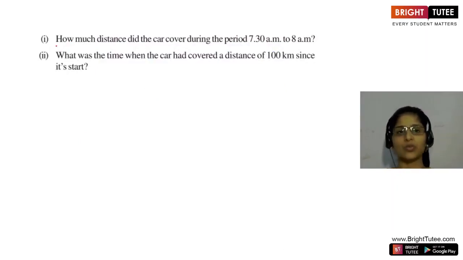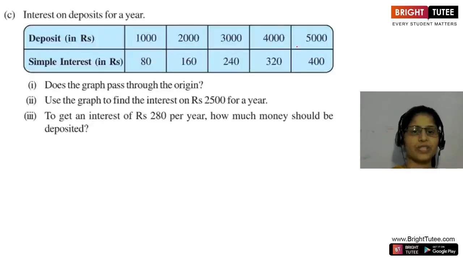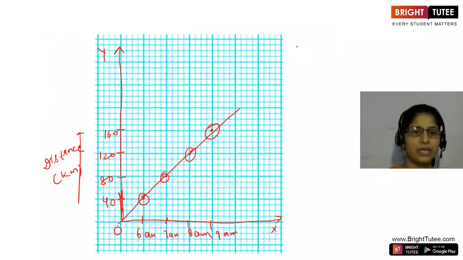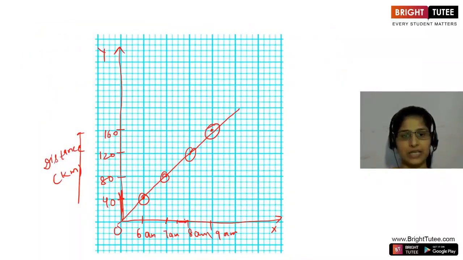Moving ahead, there is another question. Based on the previous question, they are asking how much distance did the car cover during the period 7:30 to 8. So we see here, this is 7:30. So let us join it here.